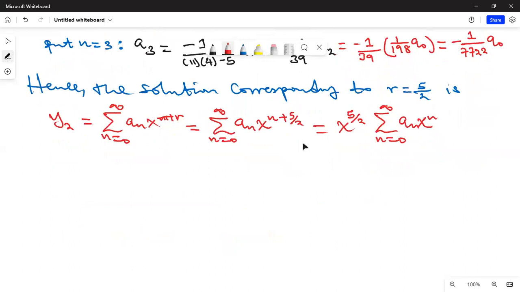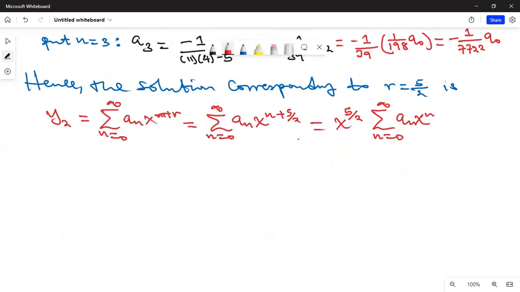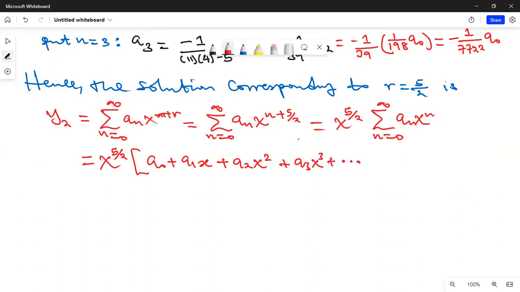And so let's also expand this. This is the same as x raised to 5 over 2 times a naught plus a1x plus a2x squared plus a3x cubed plus so many other terms. Let's replace those constants.